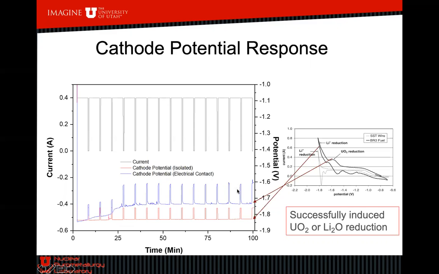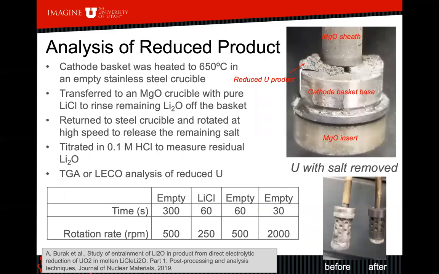I think by controlling what the lead's in contact with, we can either do this lithium reduction, the red curve, or we can do this UO2 reduction, the blue curve. Okay, good. We can control it. So what? Well, we need to analyze the product.